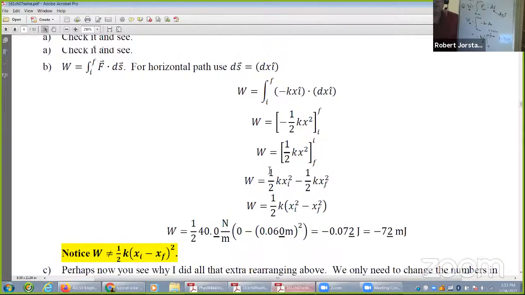So notice a couple of things here. I got 72 millijoules. So that's the cleaner way to write it. Notice this had 2 sig figs, so my final answer only had 2 sig figs. The work is negative, though. So I'm going to write that here.